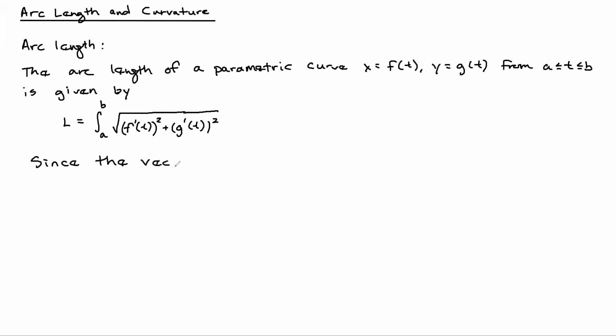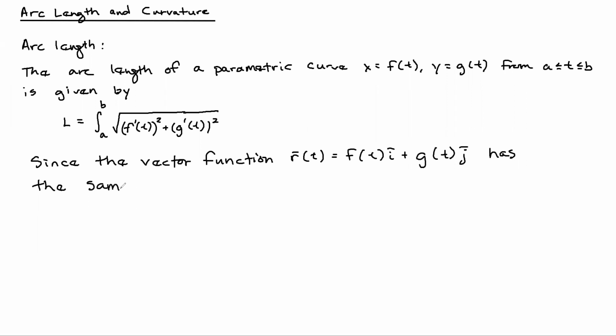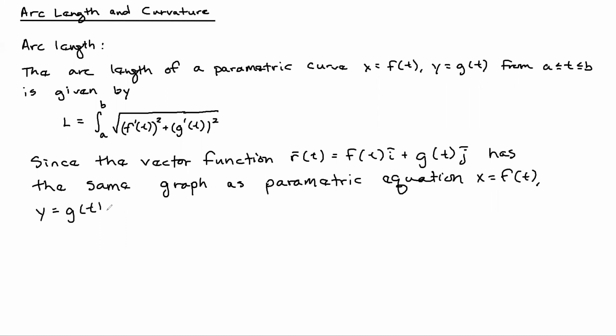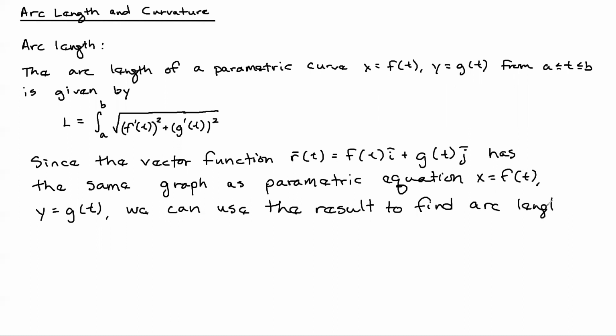All right, so since the vector function r of t equals f of t i plus g of t j has the same graph as the parametric equation x equals f of t, y equals g of t, we can use the result above to find arc lengths for vector functions.